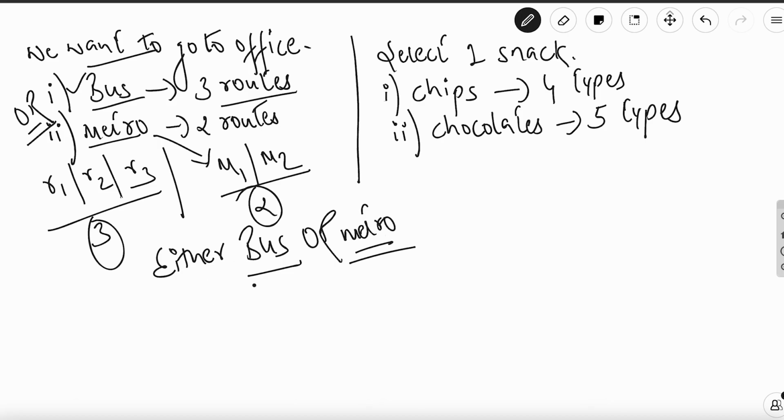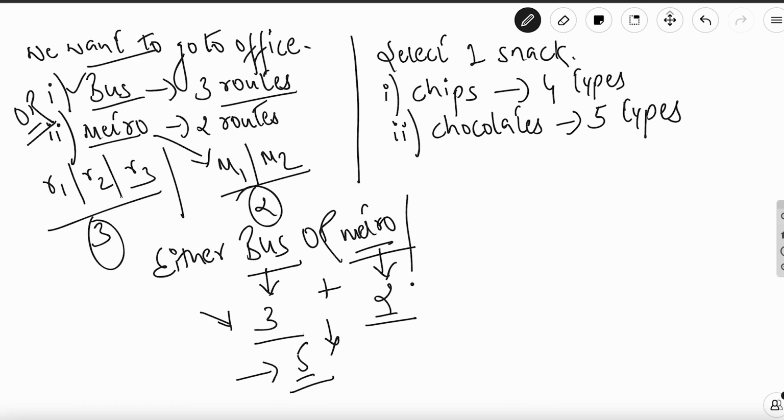So the number of possibilities of bus and the number of possibilities of metro are added, and they become our total possibilities. We have three options to go by bus, and at the same time two options to go by metro. So together we have five options to choose from.